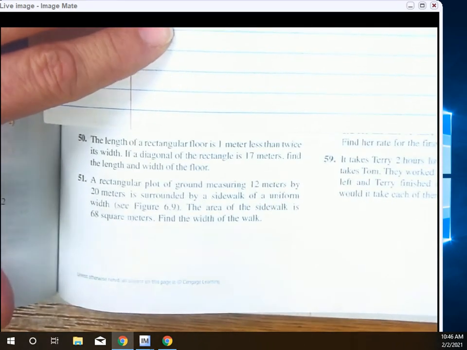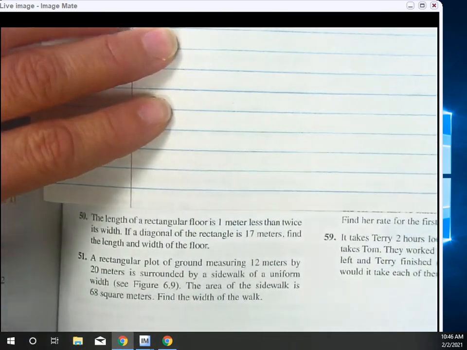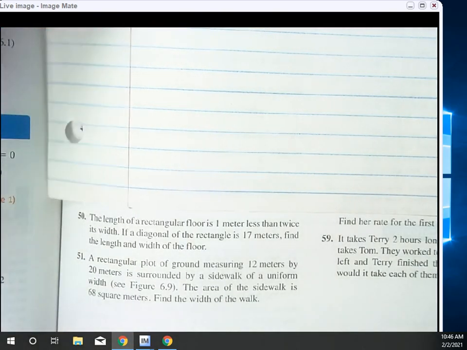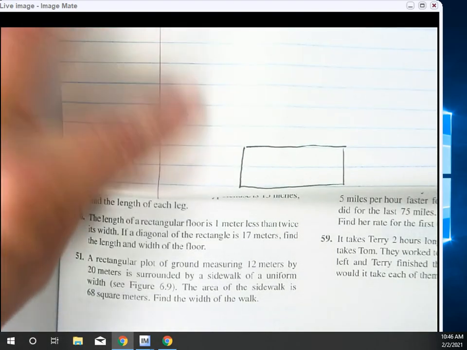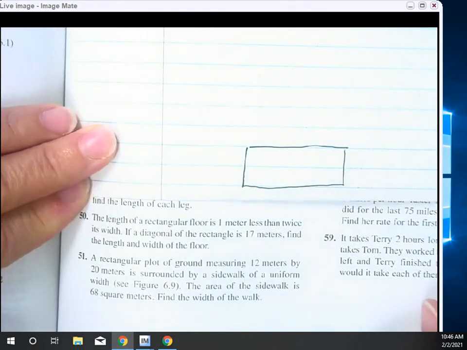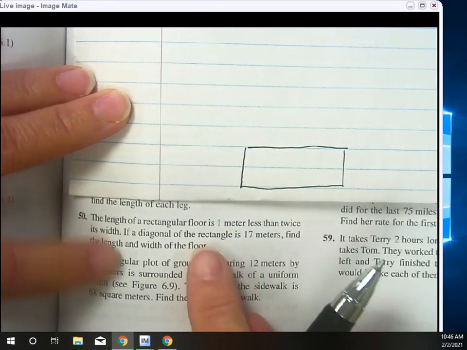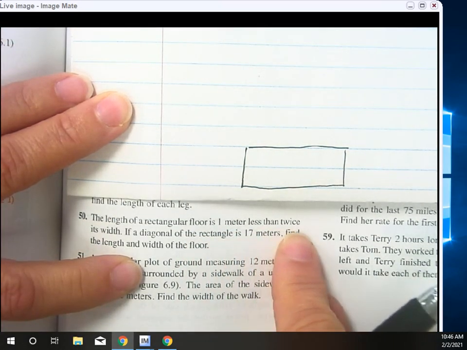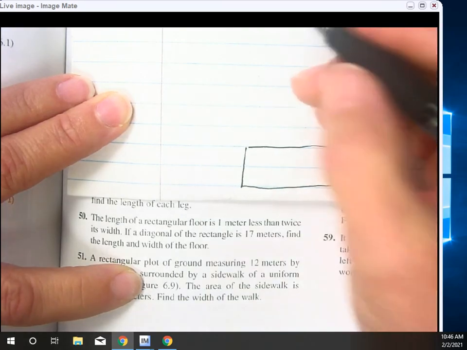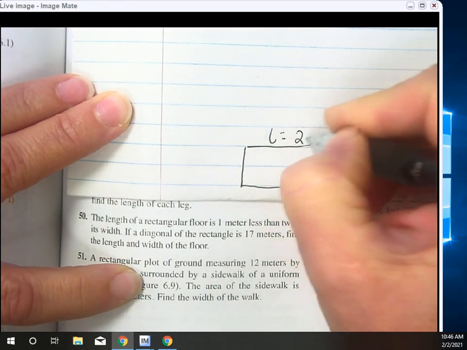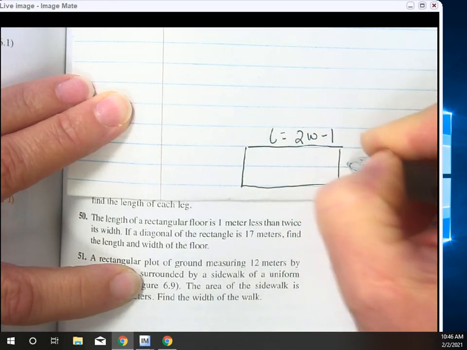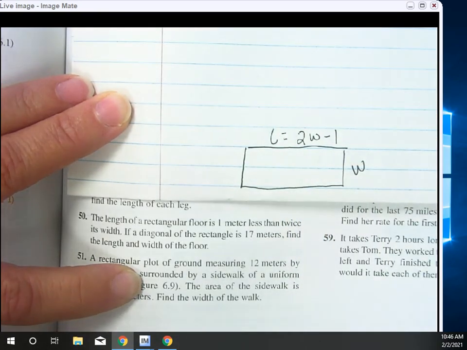So I'm going to draw me a rectangle. 1 meter less than twice the width. How do I write 1 meter less than twice the width? 2W minus 1. My width is W.